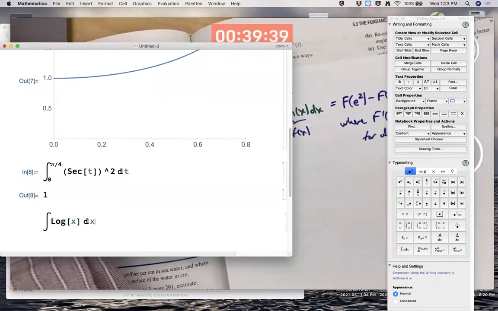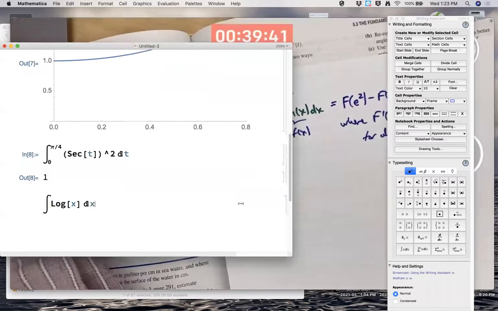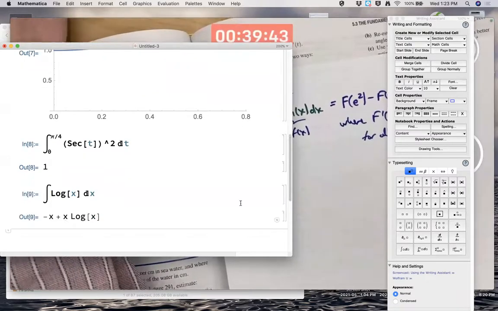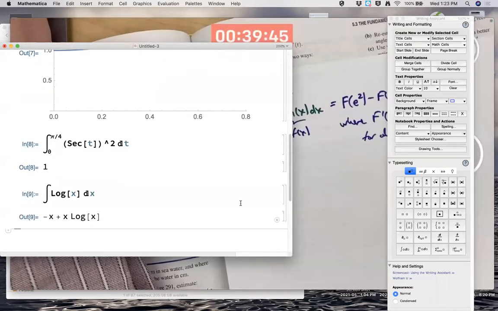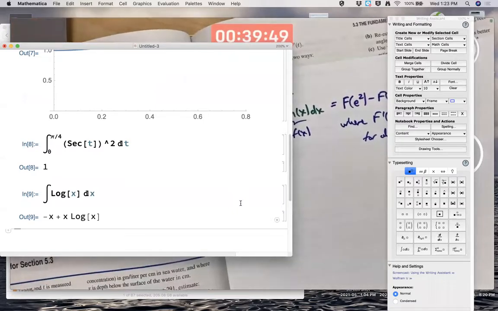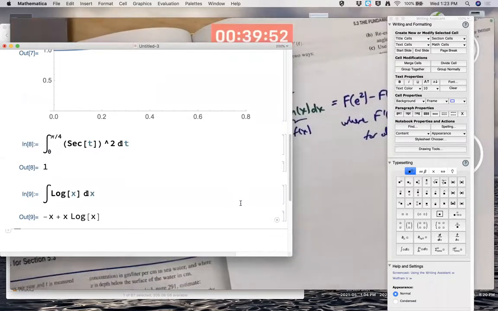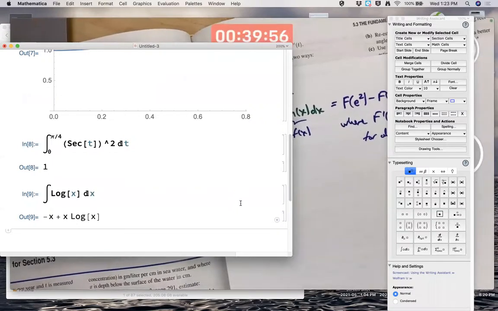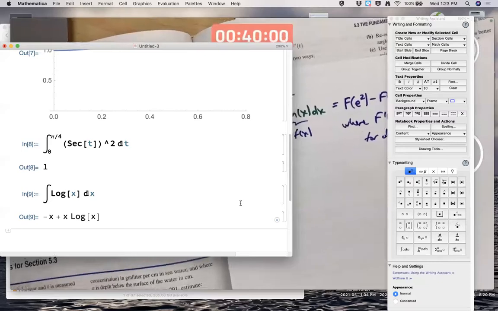If I do an indefinite integral like this, this is going to give me an antiderivative. Negative x plus x natural log of x plus c. Mathematica doesn't put the c. If Mathematica was doing an integration exam in Calculus 2, it would fail because it's forgetting the plus c.